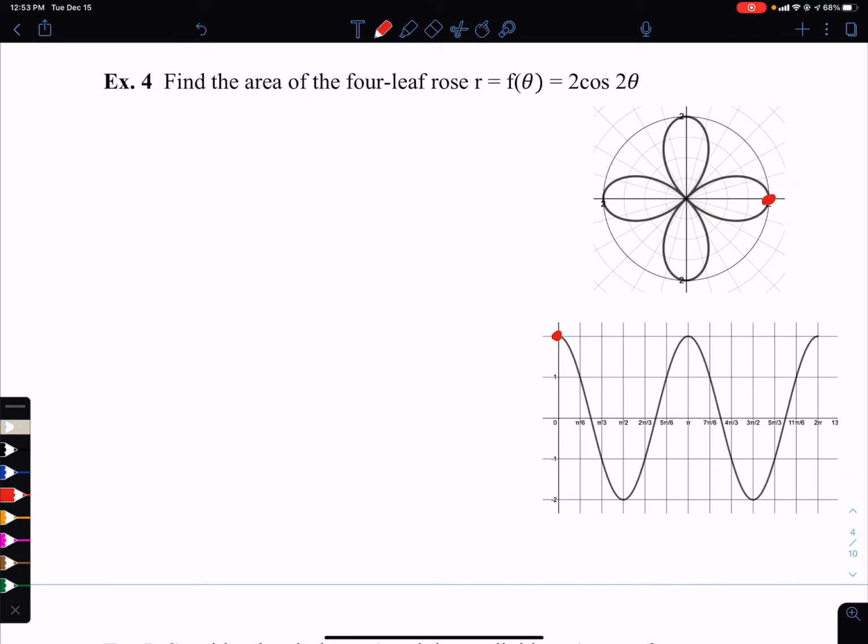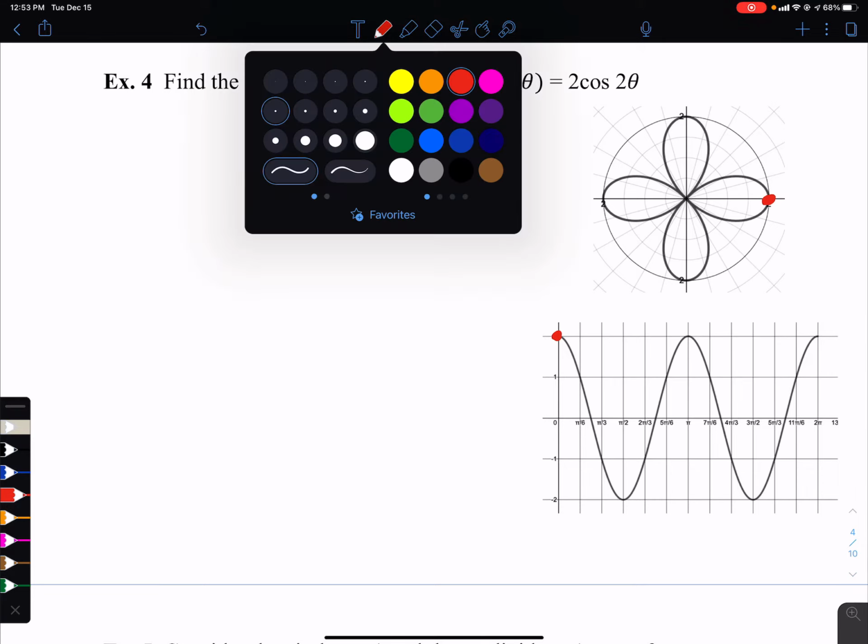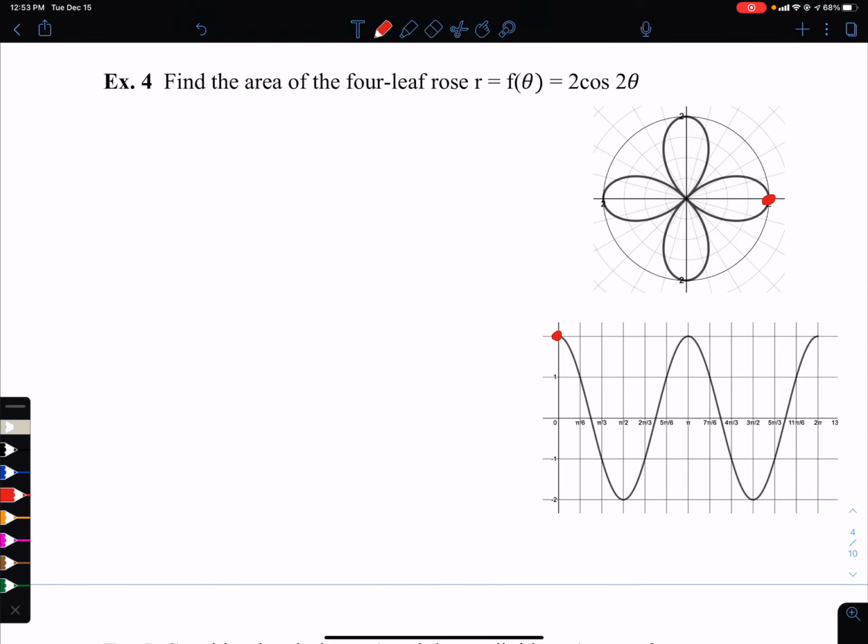Now I need to find where it crosses right there. What crossing point is that? You can actually find that by hand. If this were a calculator, you'd graph it and find the intersection point. But you can do that by hand. You want to know when that equals 0? Well, that means divide both sides by 2. Cosine of 2 theta will still be 0. And you ask yourself, what angle has a cosine of 0?